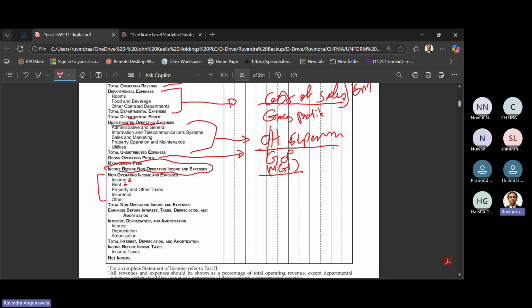Maybe we are on rent, for which we need to pay rent, or we make a lease payment for the space we occupy. So those expenses go under rent. This is not related to the operation of the hotel, right? These are non-operating expenses. Property and other taxes, like what?